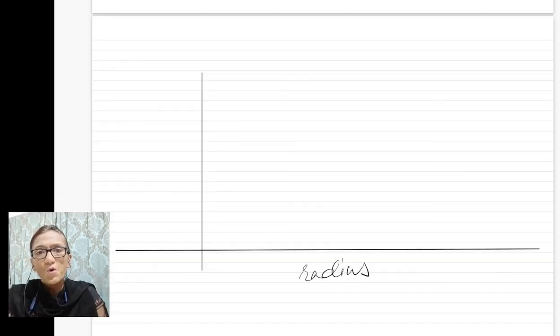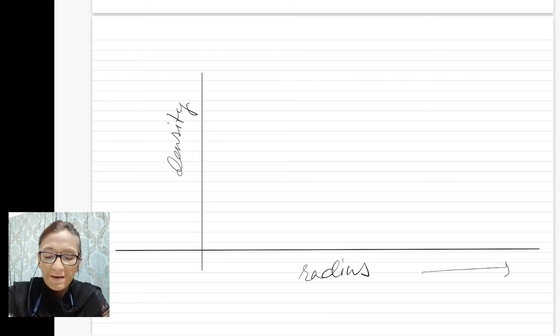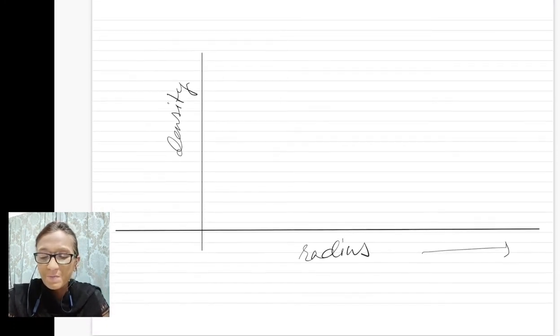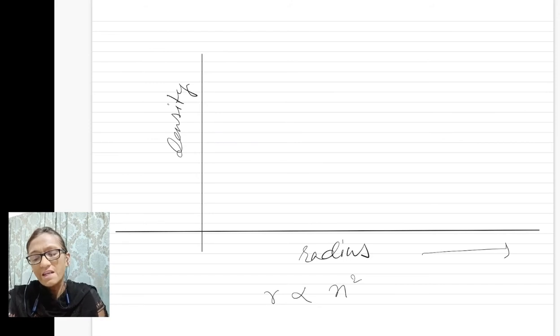Now let us draw a graph between density of nucleus and radius of nucleus. So taking density on y-axis and radius on x-axis. We also know that radius is proportional to the number of shells.